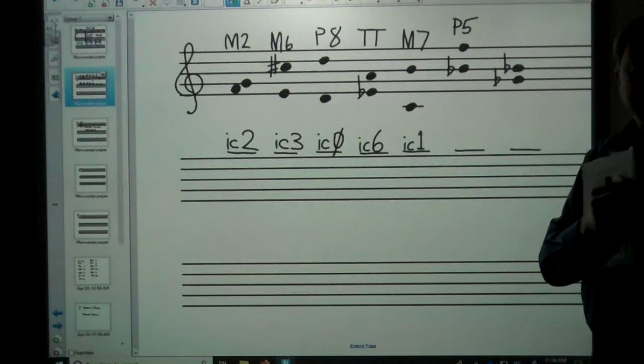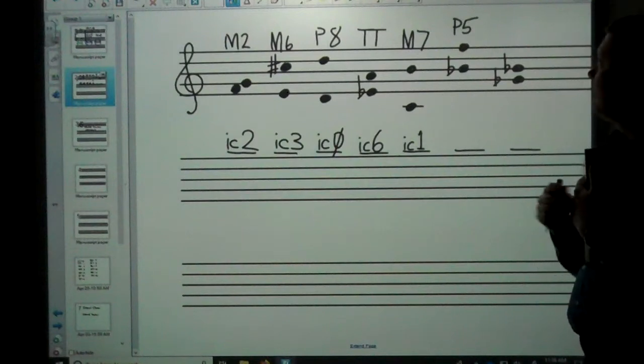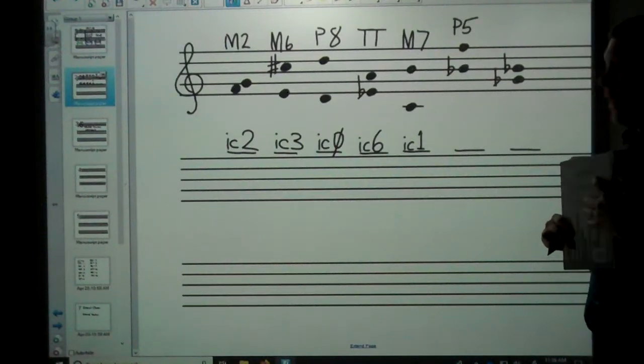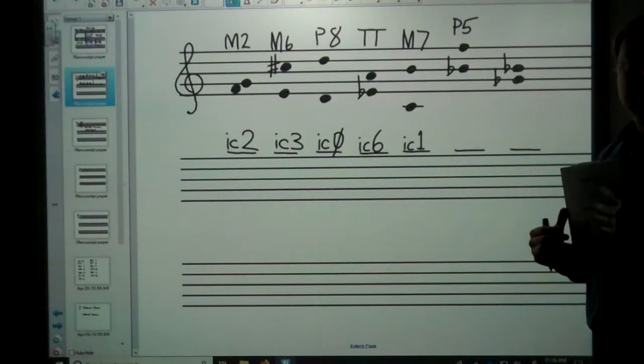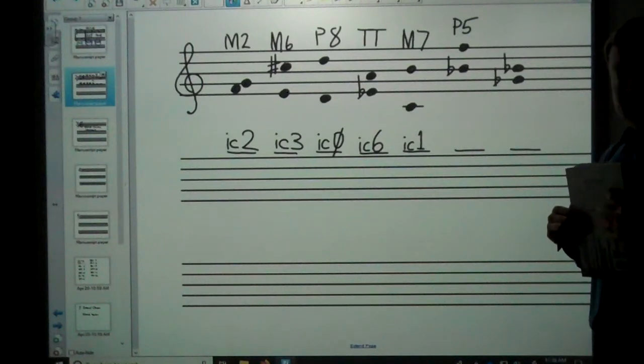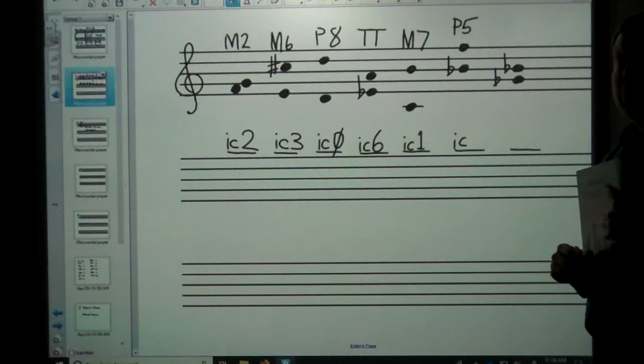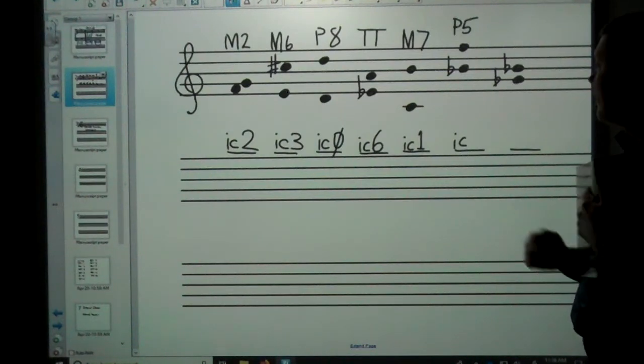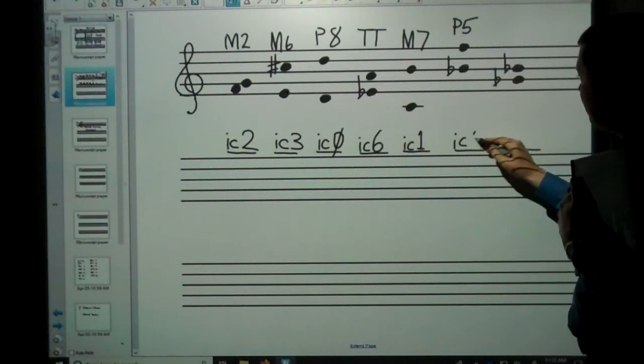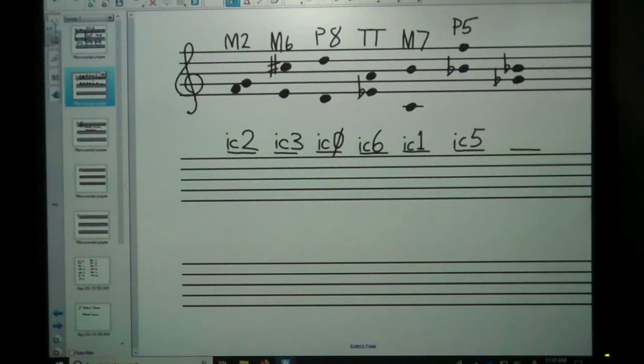The inversion of a perfect 5th, which is a perfect 4th, is smaller than a perfect 5th. So we will use the number of half steps in the perfect 4th, and that will be our interval class. The number of half steps in a perfect 4th is 5. So this perfect 5th belongs to interval class 5.